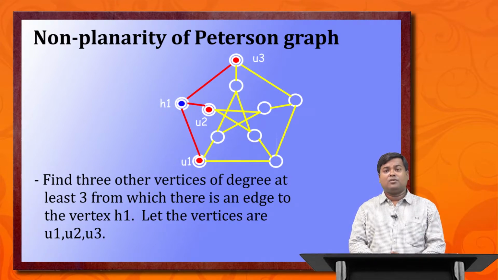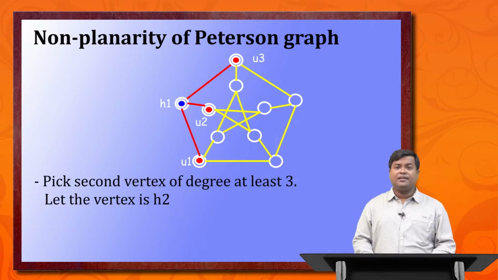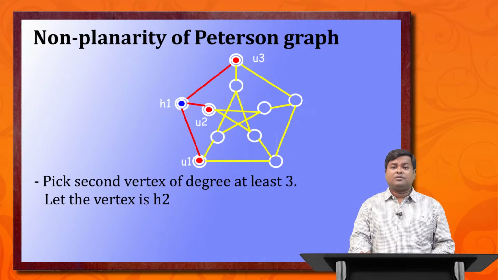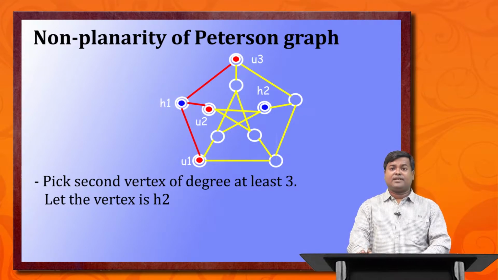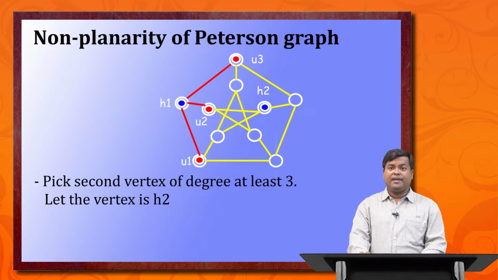Okay, let's proceed. Pick a second vertex of degree at least 3 and let the vertex be H2. We are seeing a lot of other vertices which have degree 3, so we have chosen a vertex from that list. Let's say we have marked this as vertex H2 and colored it blue.